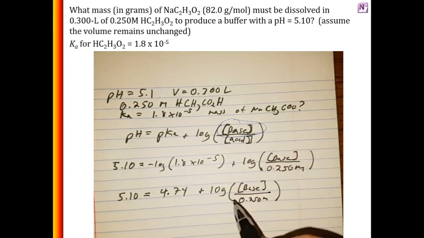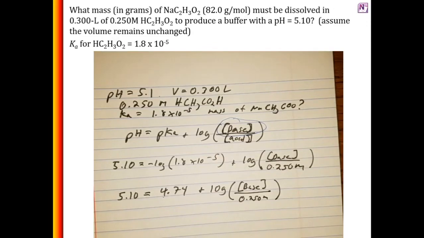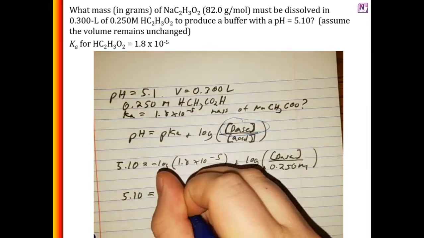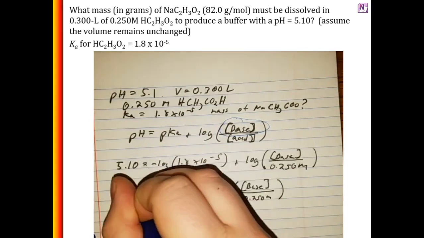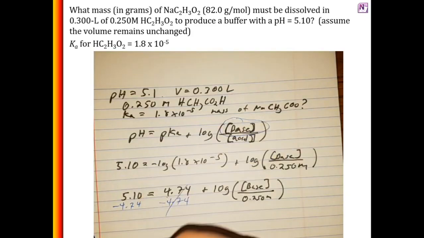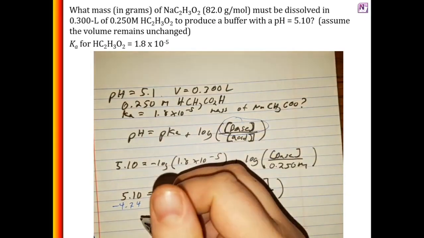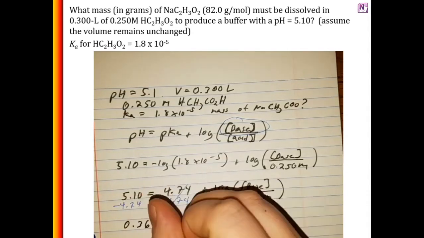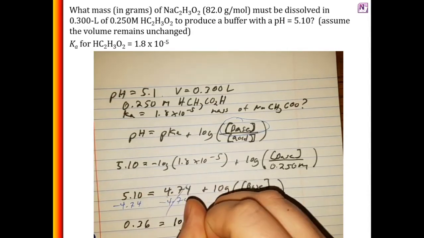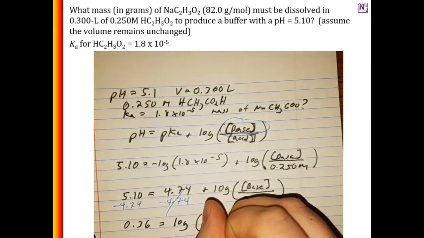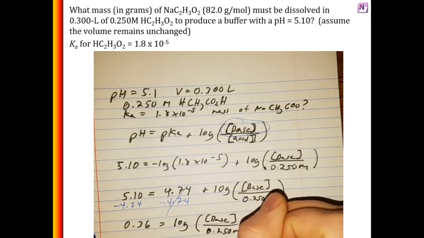Isolate that. So we'll subtract 4.74 from both sides. This goes away. We end up with 0.36 is equal to the log of the concentration of our base over 0.250 molarity, the concentration of our acid.